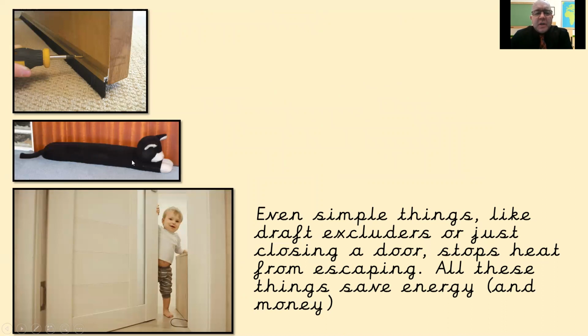This is a draft excluder that you just throw against the door, so it doesn't fit perfectly. You can see there's gaps either end, but it does a pretty good job. And then just simply closing the door will keep most of the hot air trapped inside.